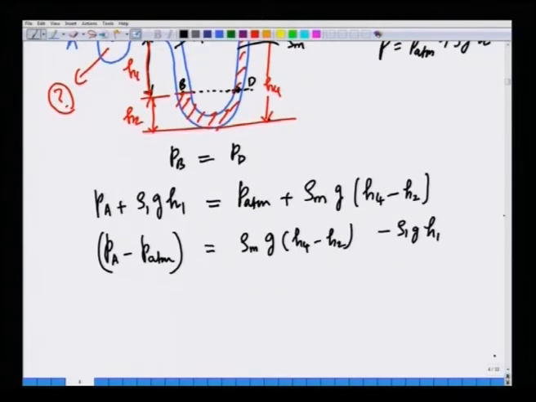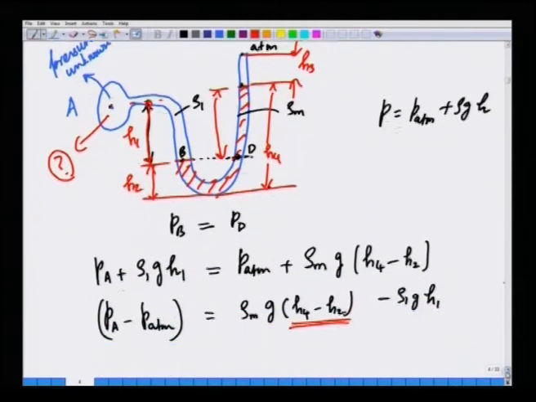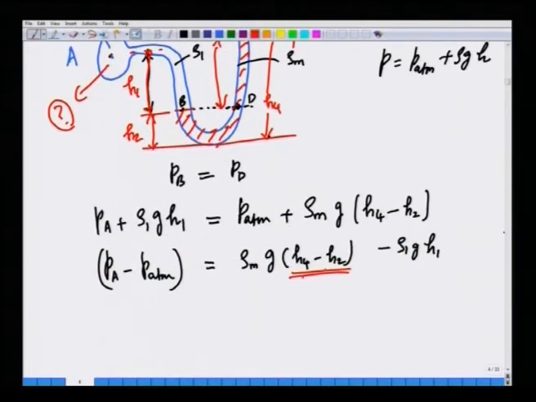So, by measuring the height difference h 4 minus h 2, which is basically this height, okay, and typically the density of the manometric liquid is very large compared to the density of the working fluid, so this last term is usually negligible.